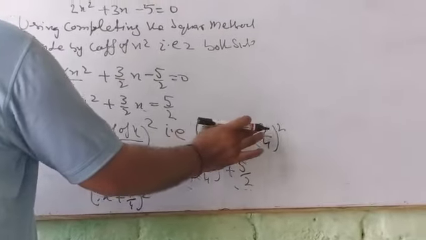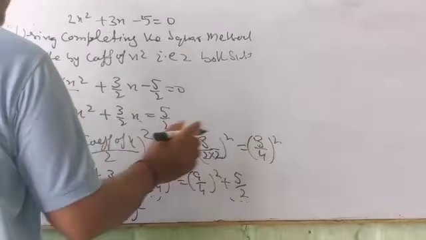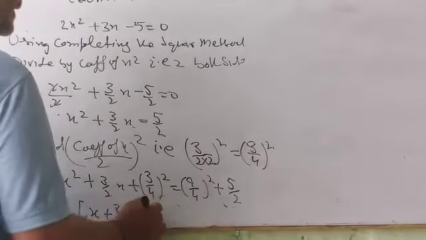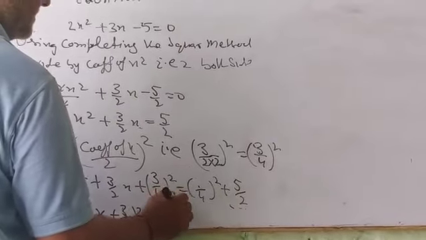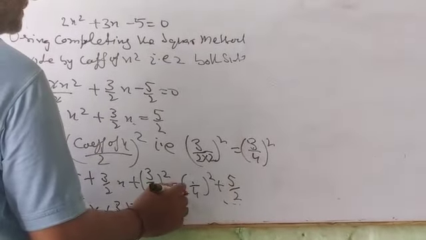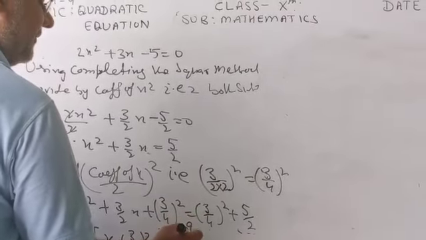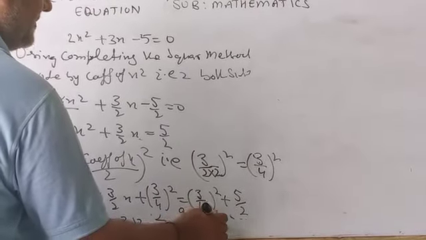On the right side we get 3 upon 4 whole square, that is 3 square is 9 and 4 square is 16, plus 5 upon 2.